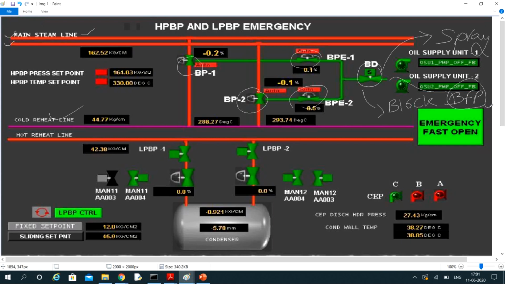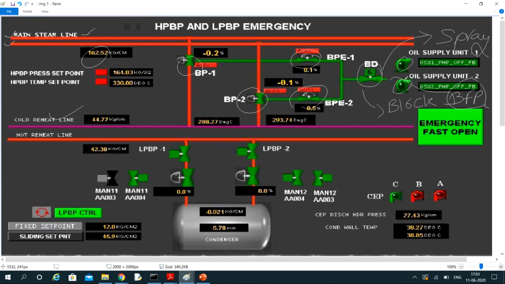Also, the HP bypass system is an oil operated system. The valves are hydraulically operated because they are concerned with high pressure, which is about 162 in a unit like 210 megawatt. So there are two oil pumps provided.